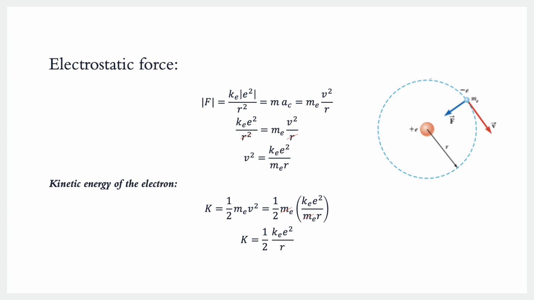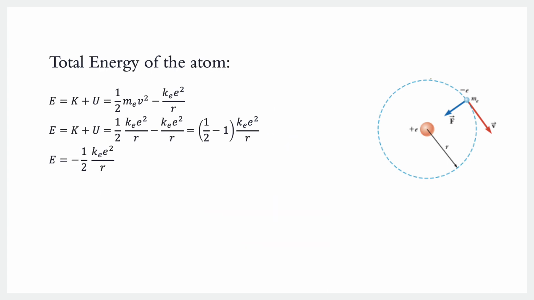Plugging in your v squared, the electron's kinetic energy is now 1/2 ke squared over r. And for the total energy of the atom, we now have 1/2 ke squared over r minus ke squared over r, now equal to negative 1/2 ke squared over r.